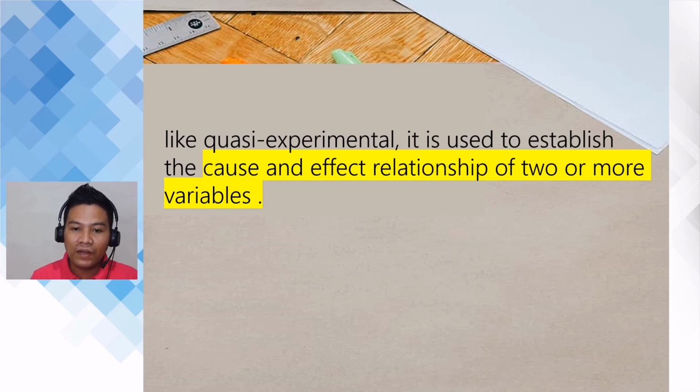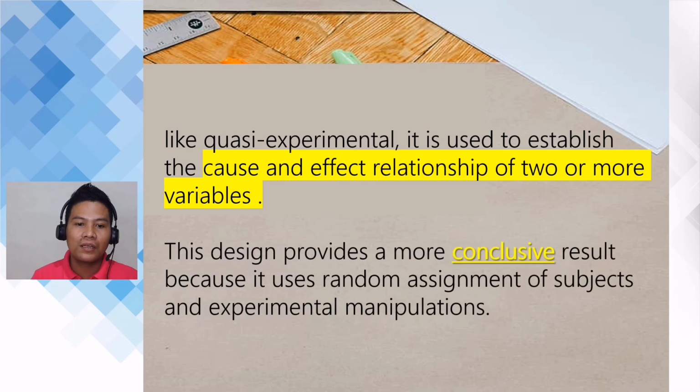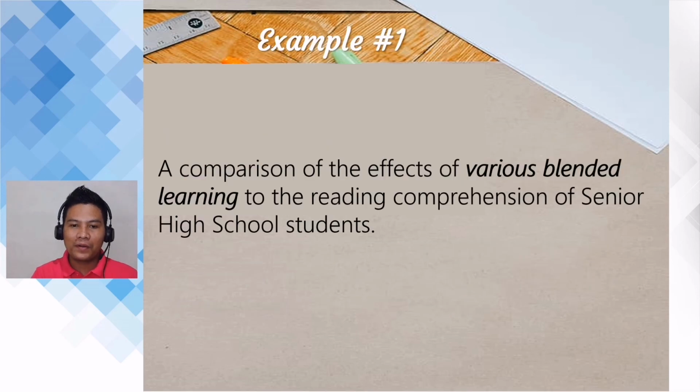This design provides a more conclusive result because it uses random assignment of subjects and experimental manipulation. Example: a comparison of the effects of various blended learning to the reading comprehension of senior high school students.